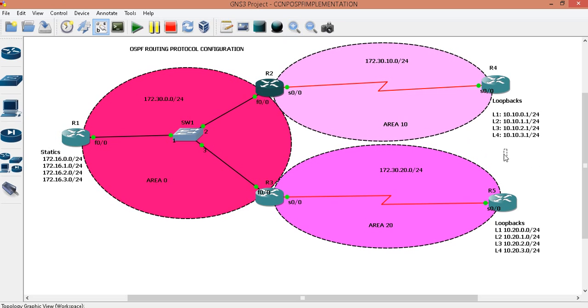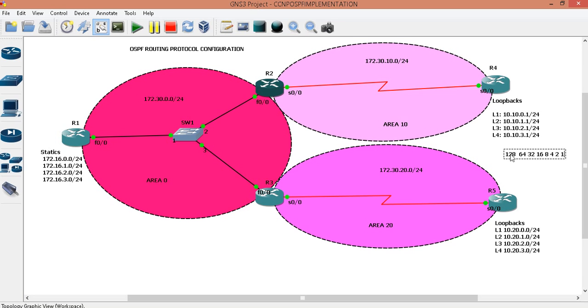That's our summarization knowledge from CCNA. Here we have four networks, four IP addresses, and we're going to summarize all of them. We can see 10.10.0.1, 10.10.1.1. What I will do is use the increments: 128, 64, 32, 16, 8, 4, 2, 1.